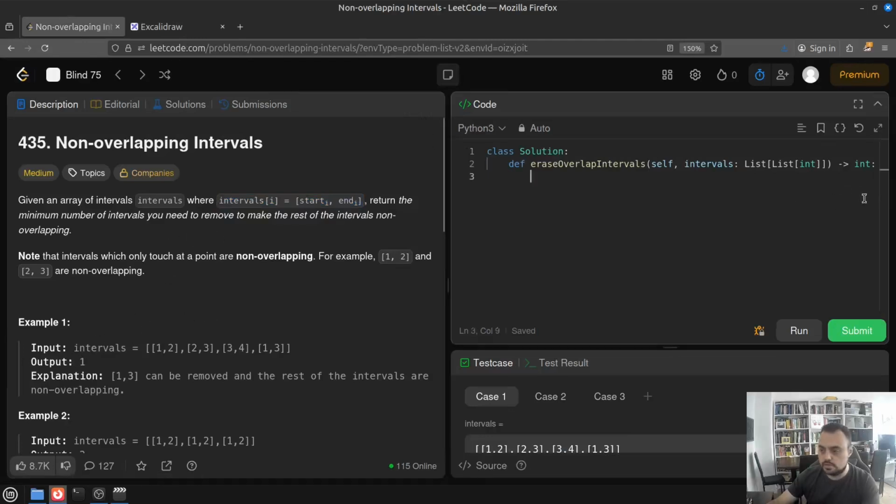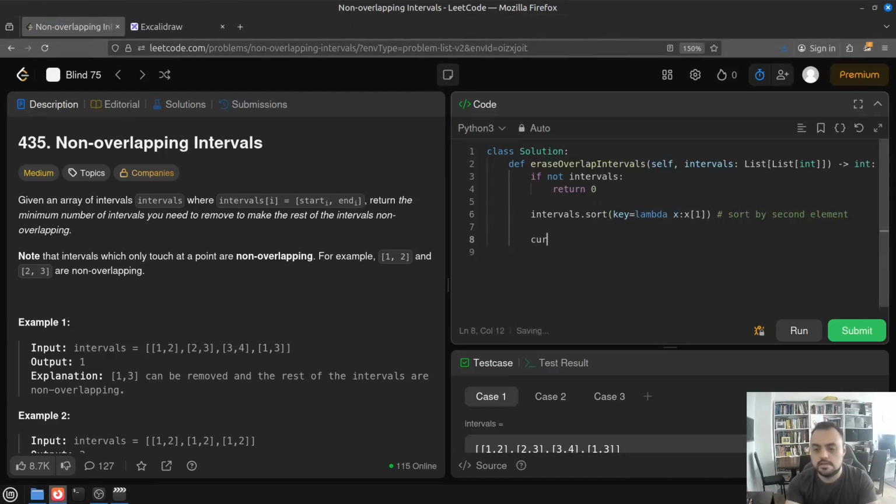Yeah, so now we have to just convert it to Python, and we can check, for example, if the intervals are empty, then we return 0. Otherwise, we can sort the intervals using the second element, like this. Sort by second element.